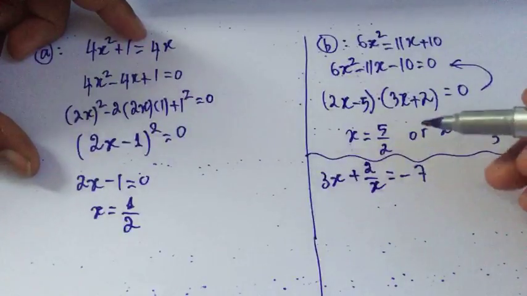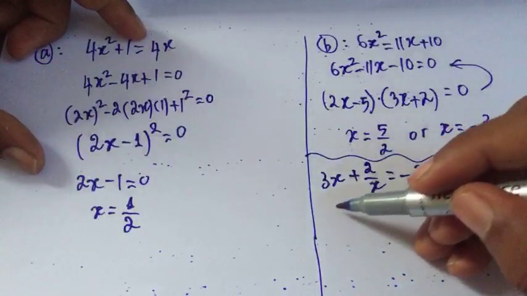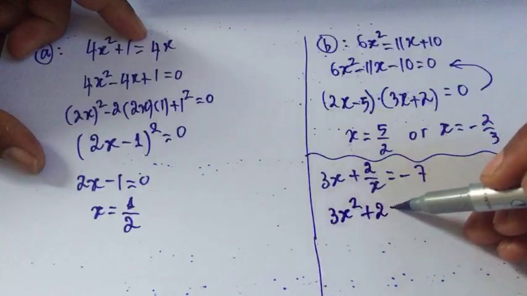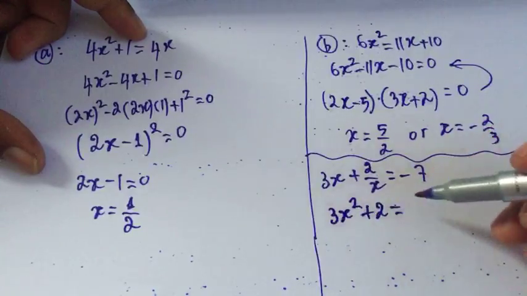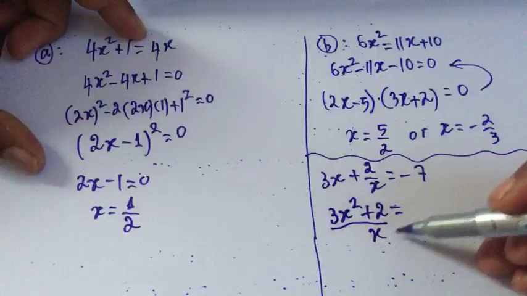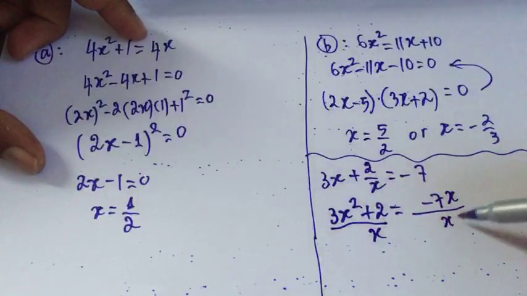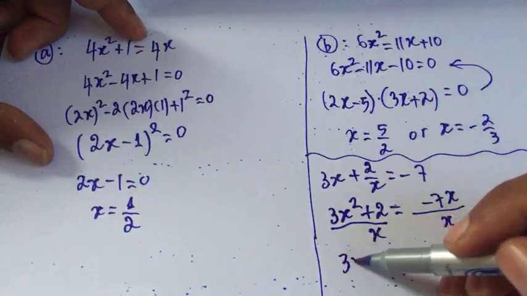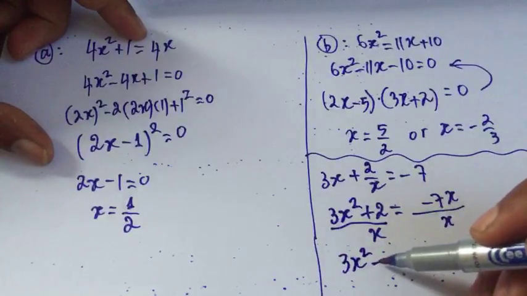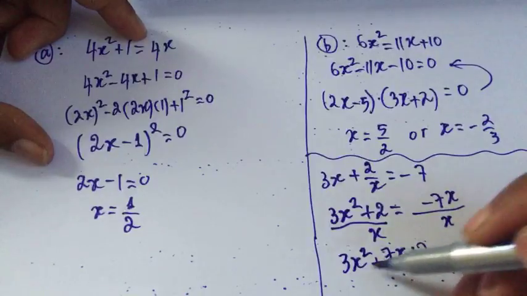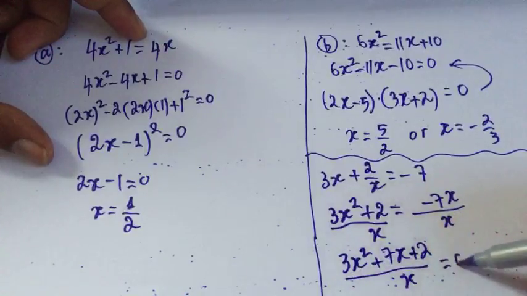When we find x, we should multiply through by x, so 3x squared plus 2 equals minus 7x. Then 3x squared plus 7x plus 2 equals 0.